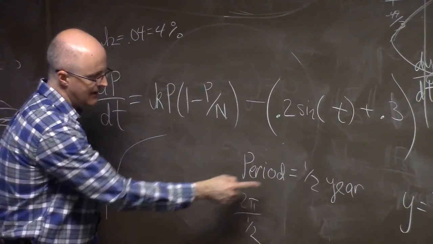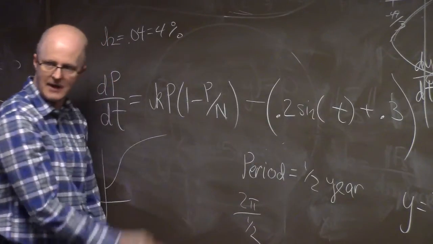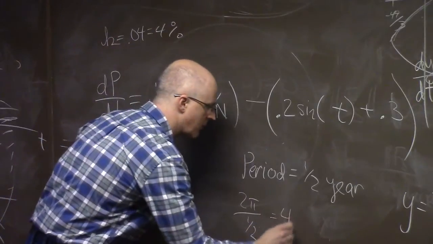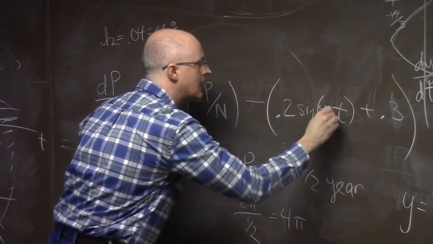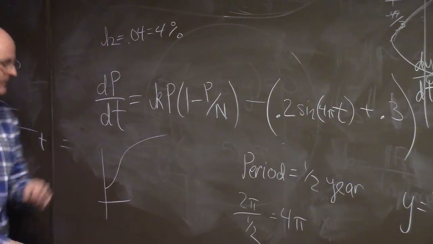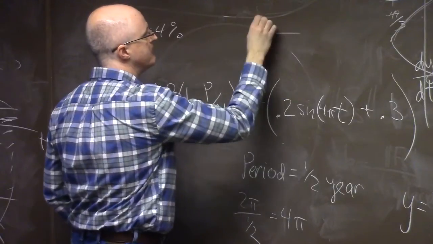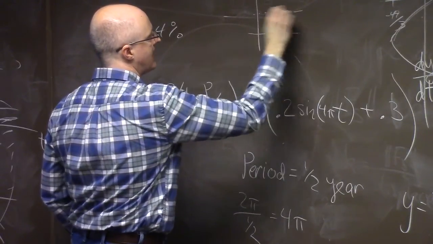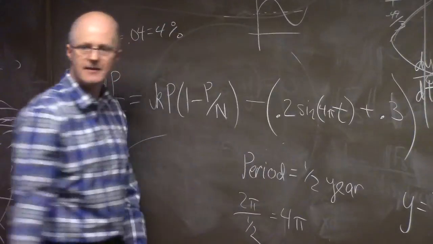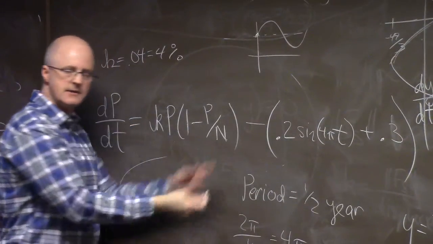The period, if it was half a year, then you'd want the coefficient of t to be 2 pi over that period, which would simplify to 4 pi. That would be a reasonable way to model the harvesting, at least if at time 0, the graph of your harvesting is at its midline, or its average value. The sine graph is going to look something like that over time. So if that was where it starts at time 0, then this would be a reasonable model.